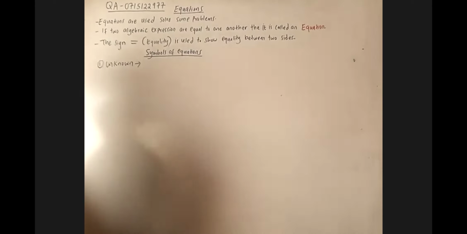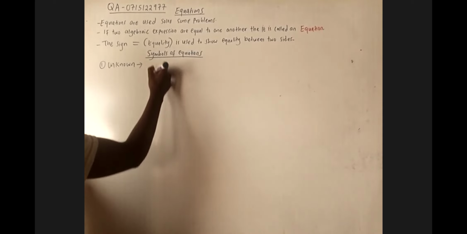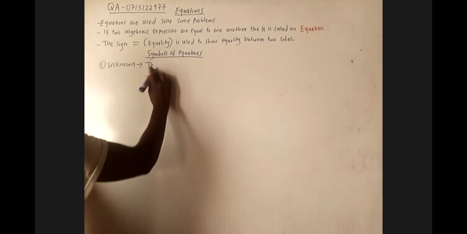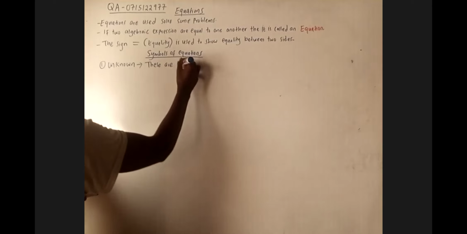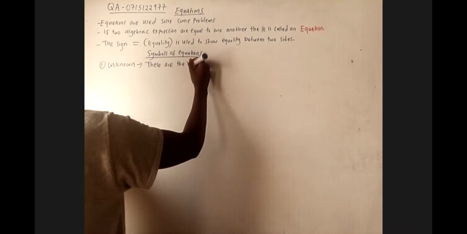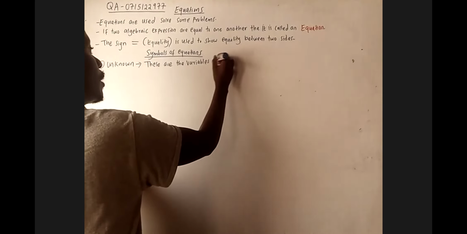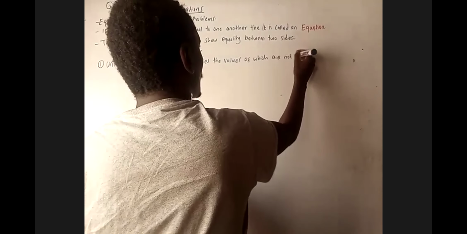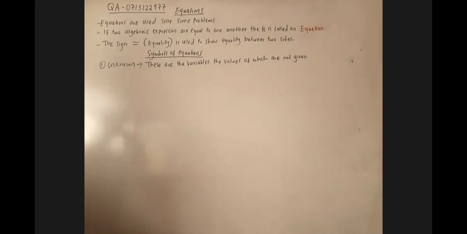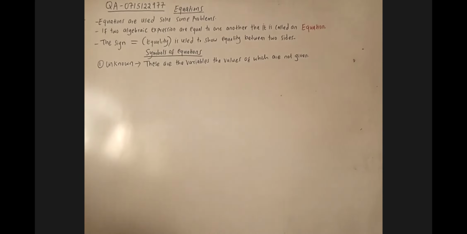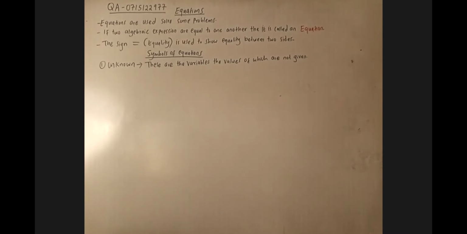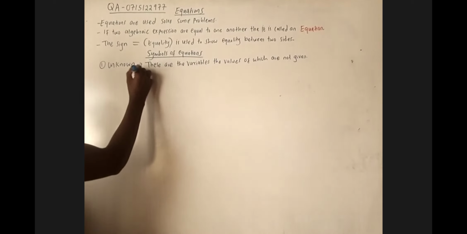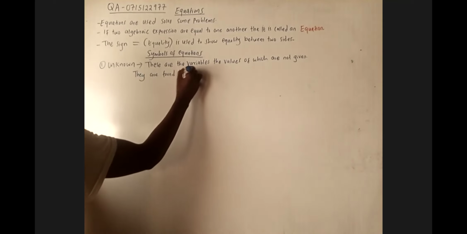These are the variables, the values of which are not given. They are found by solving the equation.